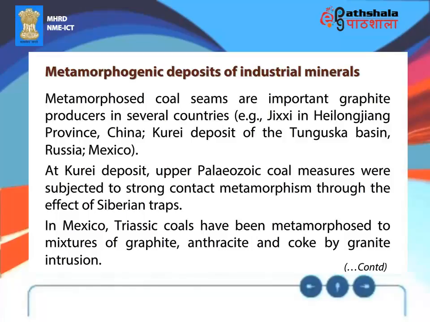For example, Jixi in Heilongjiang province, China; the Kurai deposit of the Tunguska Basin, Russia; and Mexico. At the Kurai deposit, upper Paleozoic coal measures were subjected to strong contact metamorphism through the effect of Siberian traps. In Mexico, Triassic coals have been metamorphosed to mixtures of graphite, anthracite, and coke by granite intrusion.